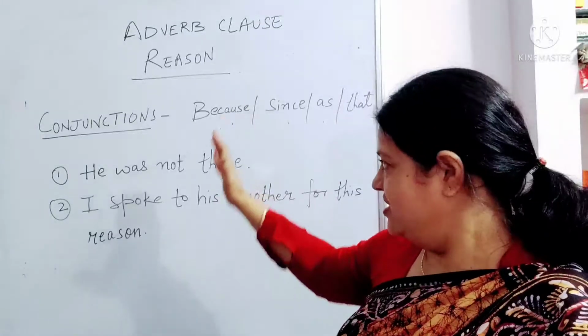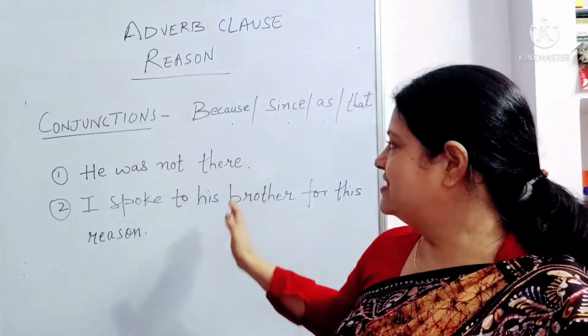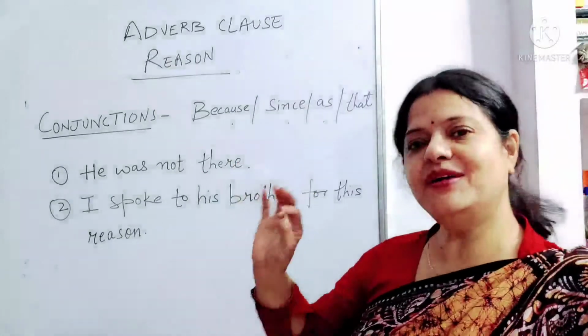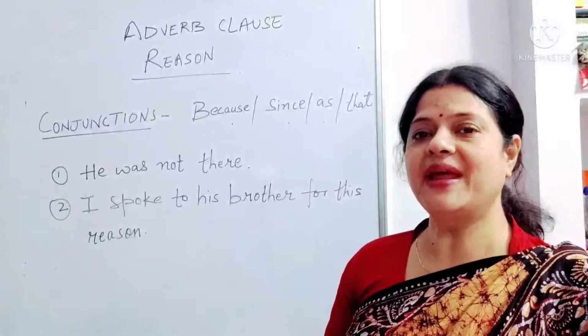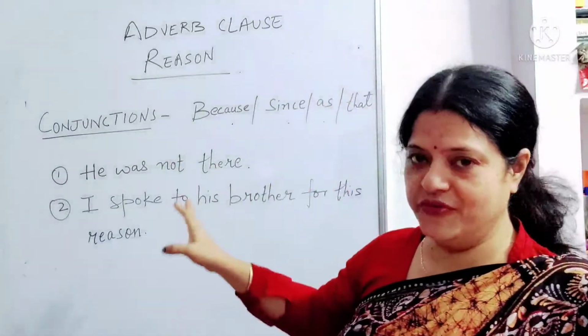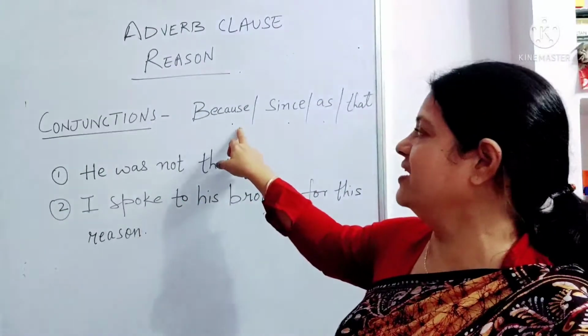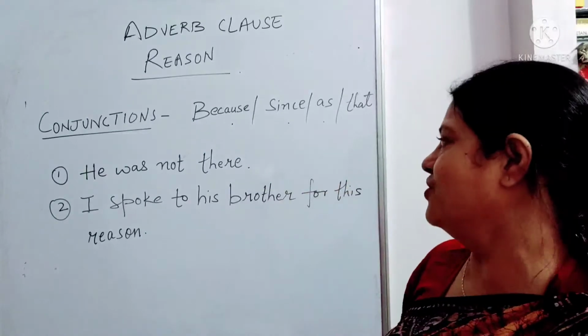Just see, I have written two sentences over here. We will see how we can add these two simple sentences to make one complex sentence by using adverb clause of reason and these conjunctions.